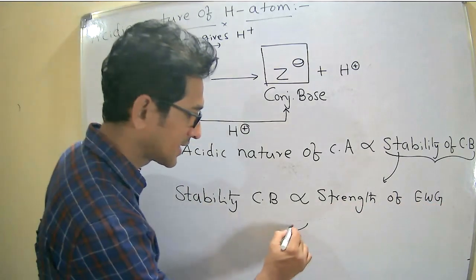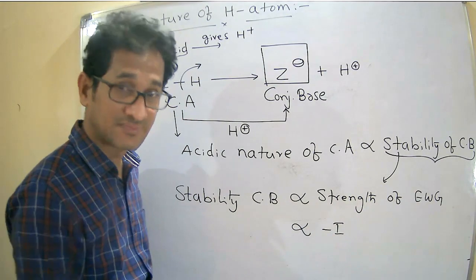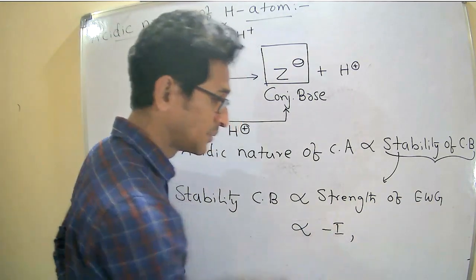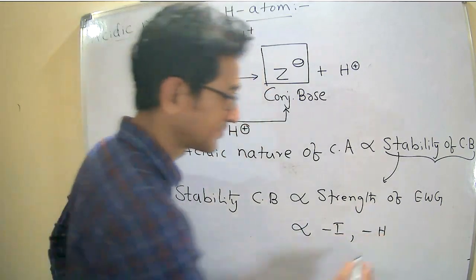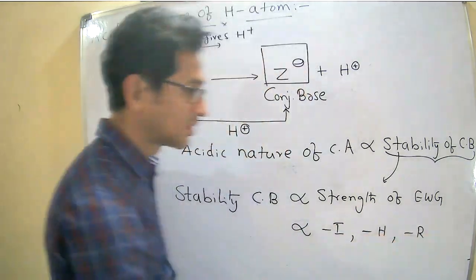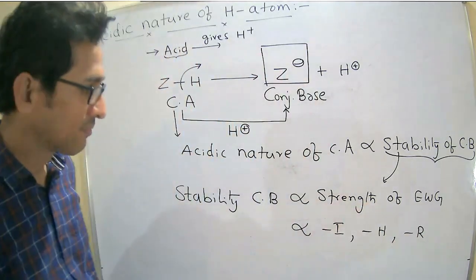So what are the electron withdrawing groups? Minus inductive effect groups. Similarly, I can write minus hyperconjugation groups and minus resonance groups. All are electron withdrawing groups which stabilize the conjugate base.